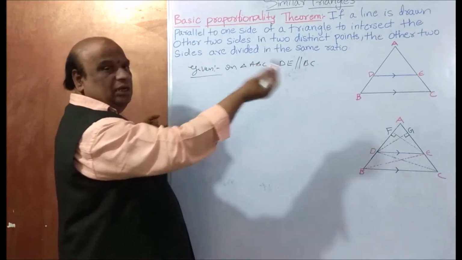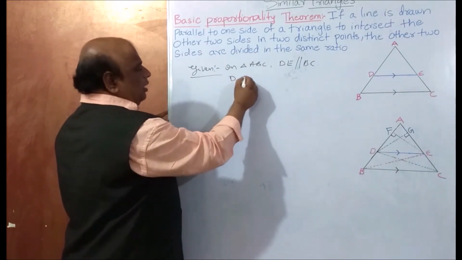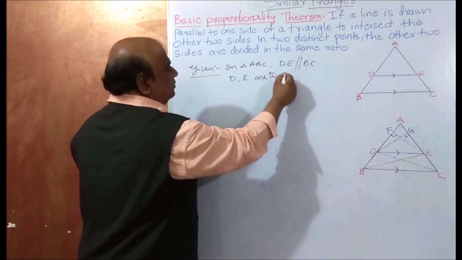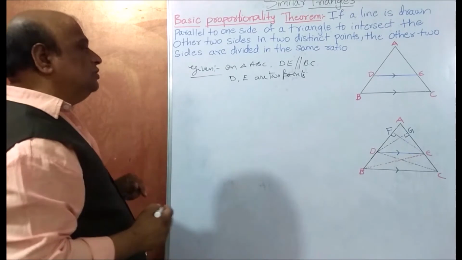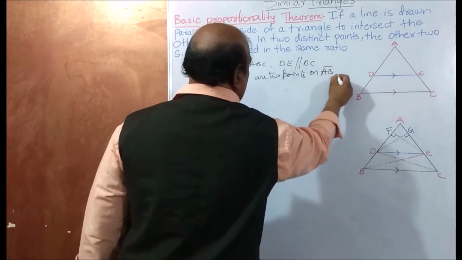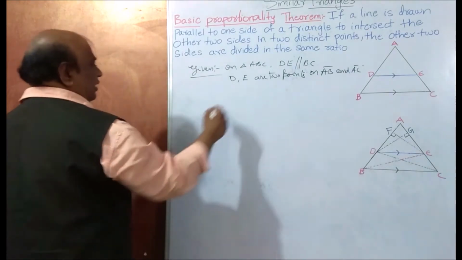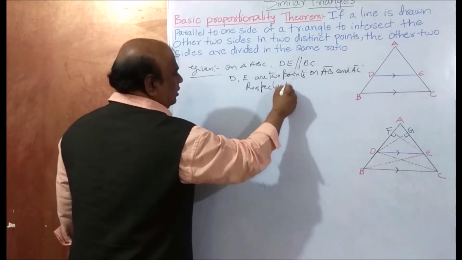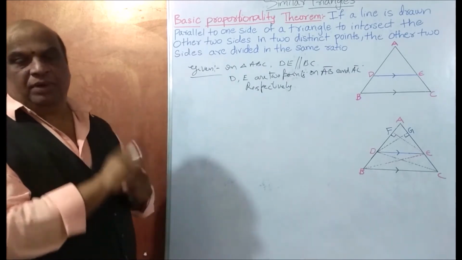So D and E are two points on AB and AC respectively. So this is the first part. This is the given part.